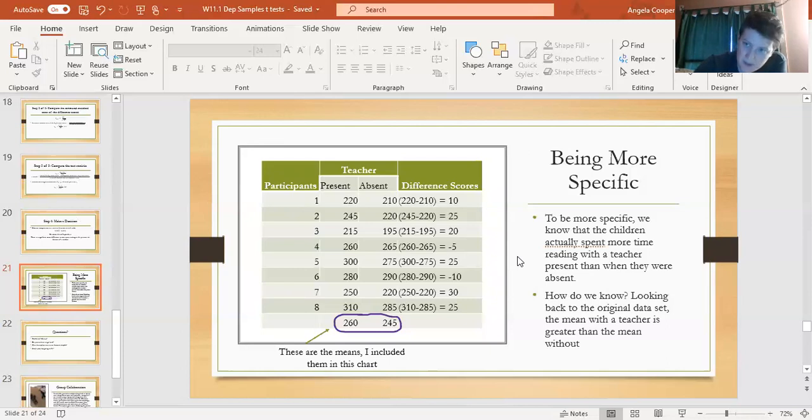If you want to be more specific with your rejection of the null hypothesis, instead of just saying they're different, you can say these participants spent more time reading when the teacher was present as opposed to when they were absent. The way I got that was just calculating the means of each of the conditions by themselves, where present, in fact, did have a larger mean than absent.